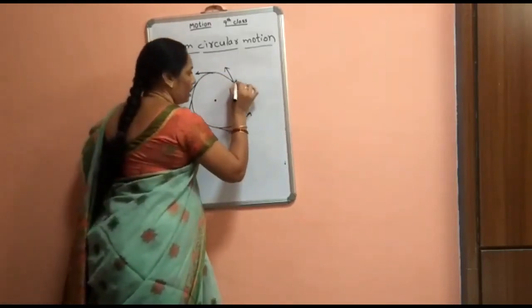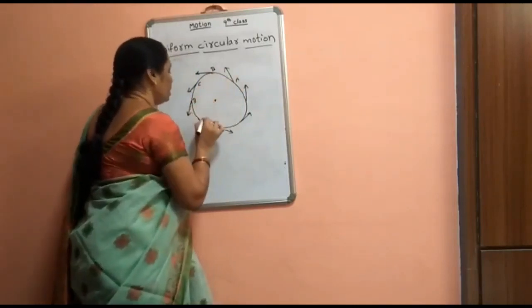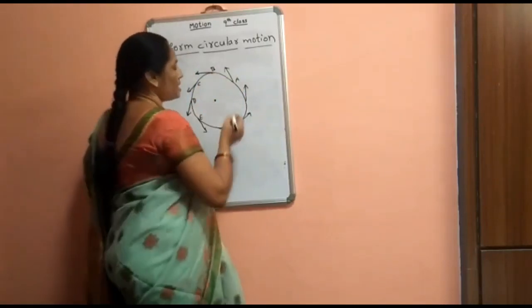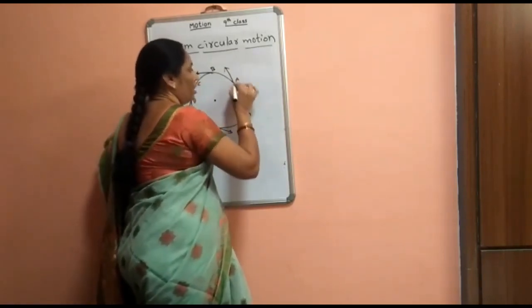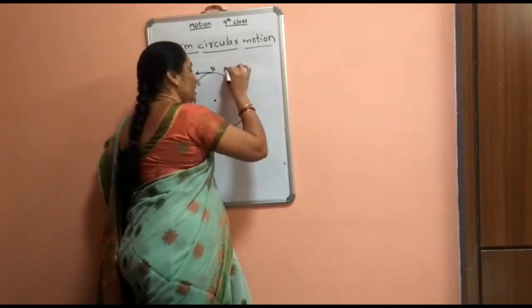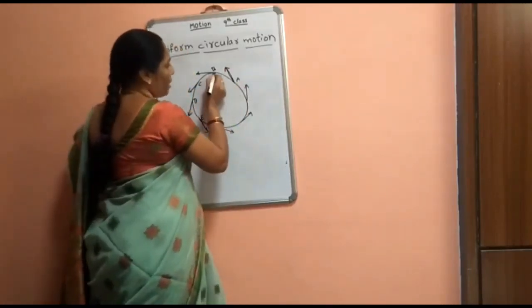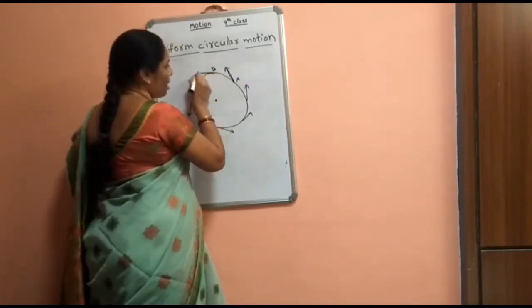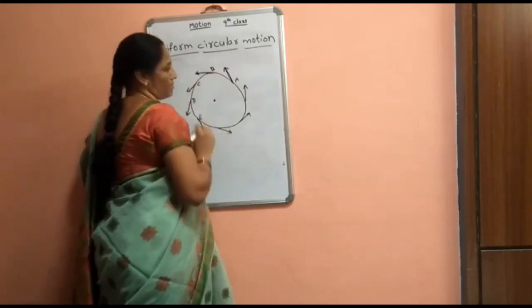For example, here A, B, C, D, E are points on the path. Near point A, the direction of the motion is in this direction. Near point B, the direction of motion of the object is in this way.